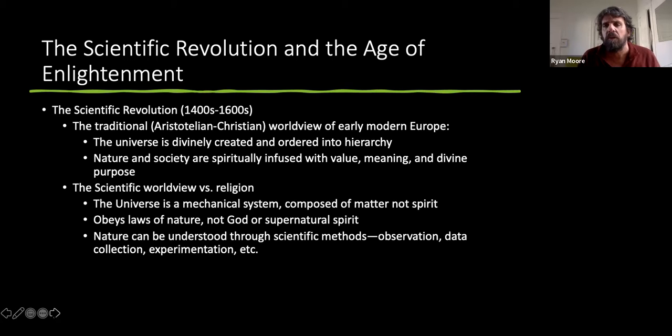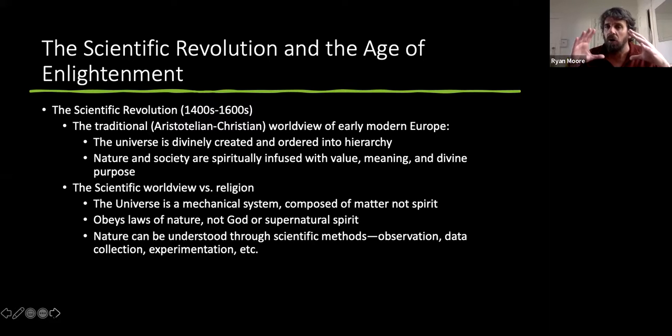In early modern Europe, basically all the ideas were ones that were sanctioned and then passed down by the church. And that was the idea that the universe and nature and everything in the universe is this divinely created thing that God had a master plan in creating and had ordered into this kind of hierarchy of humans and animals and plants and so forth.